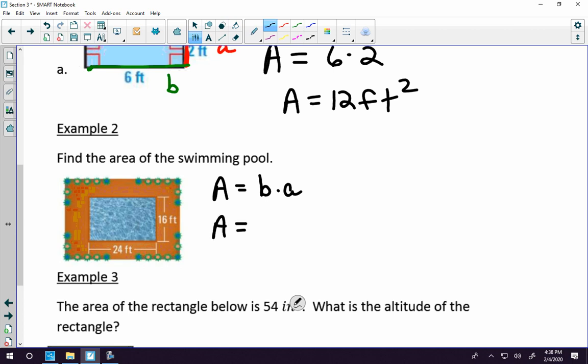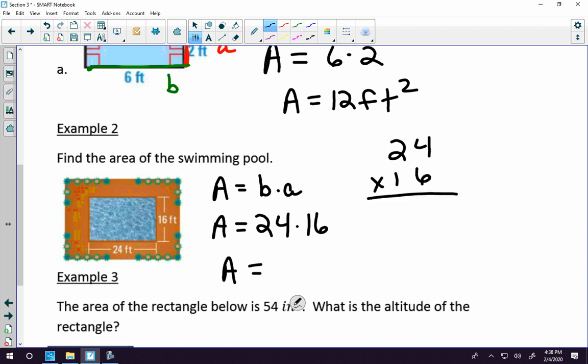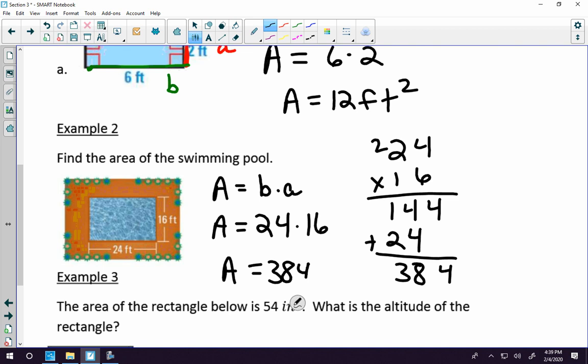Substituting in our knowns, the base length is 24 feet, the altitude is 16 feet, and so the area inside this rectangle is going to be 24 times 16. 6 times 4 is 24, carry the 2, 6 times 2 is 12, plus 2, 14. Now, 1 times 4 is 4, 1 times 2 is 2. And we're adding, so we get the area equals 384 square feet.